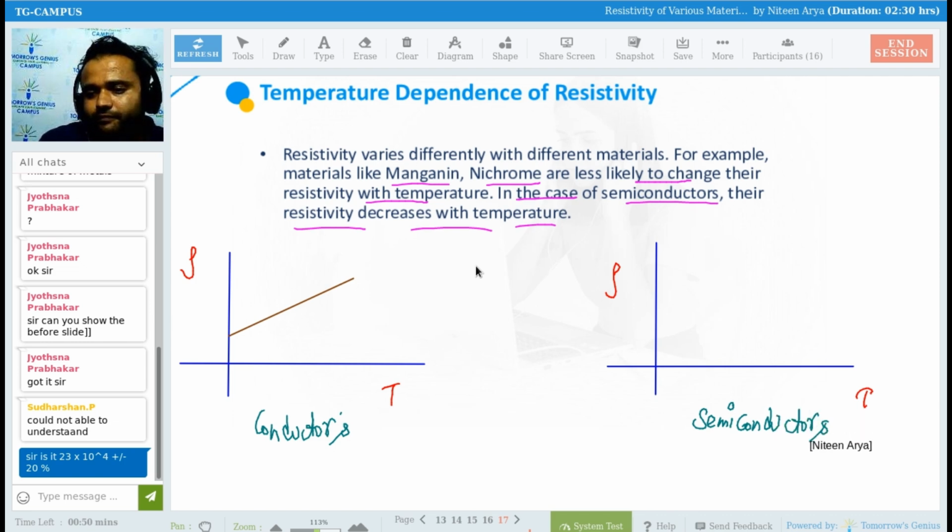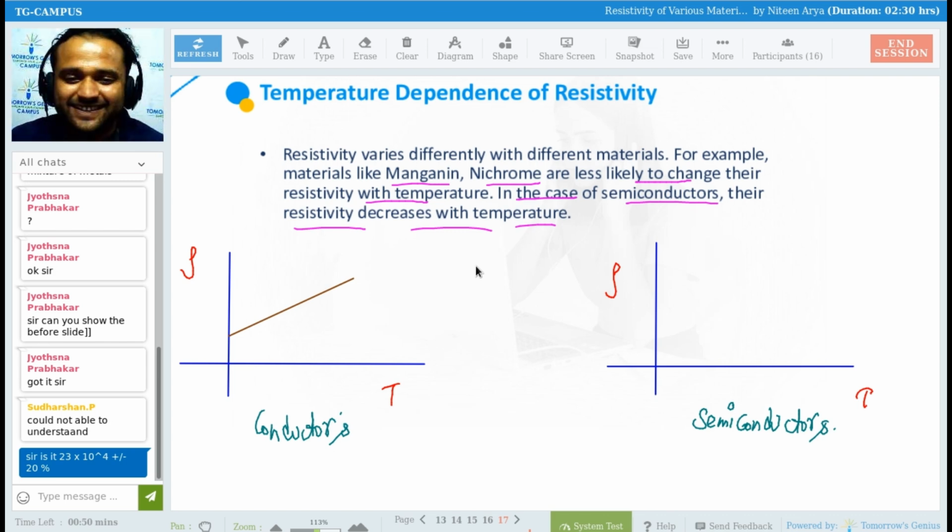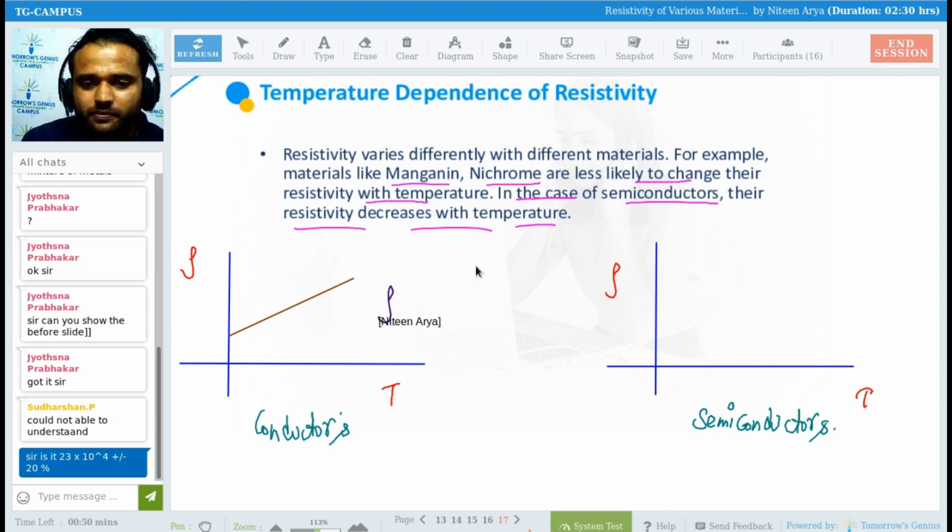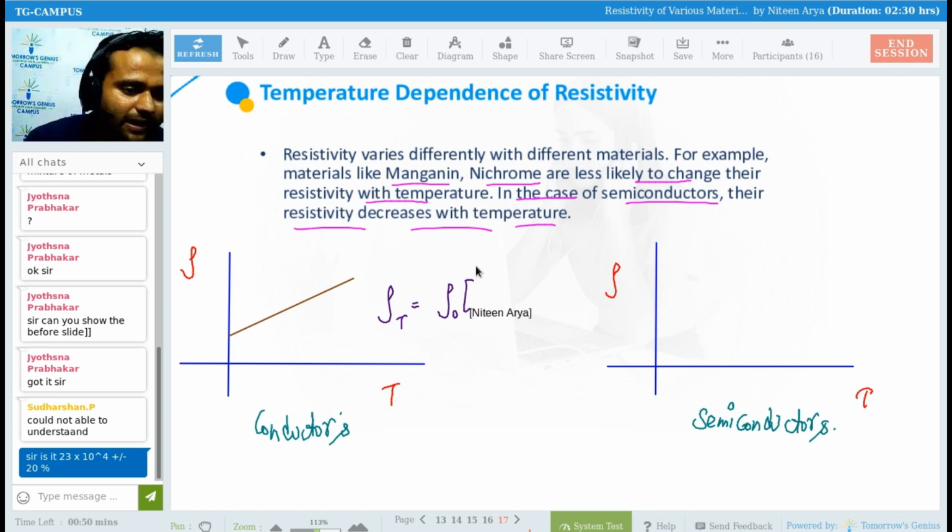Tell me, beta. "Semi go down." What is the meaning of this? Can anyone explain? Semiconductor graph goes down.